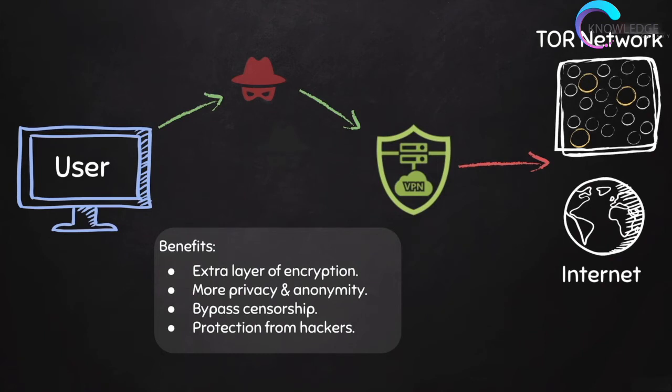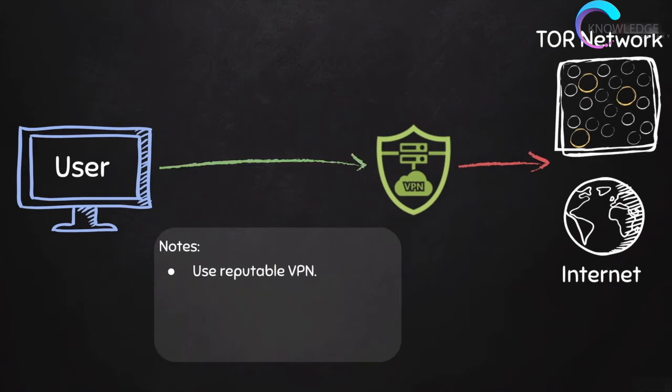With that being said, there is a number of things that you need to keep in mind when using a VPN. First of all, we are introducing a man in the middle in here. So if we go back to the previous diagram, you can see that our connection was going directly to the internet. But when we're using a VPN, we're literally adding an extra node to our connection.